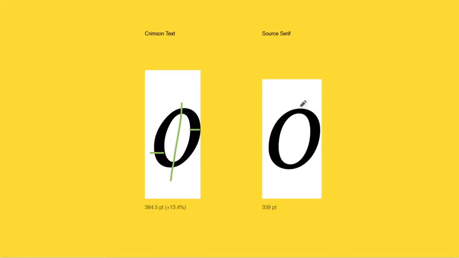Compare that to what Source Serif did in its approach. So besides the width being different between the two, it also appears that the stress for Crimson Text has more weight pushed up here and here, versus a more equivalent, a little bit more balanced distribution of weight in the Source Serif italic forms.